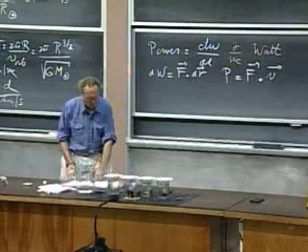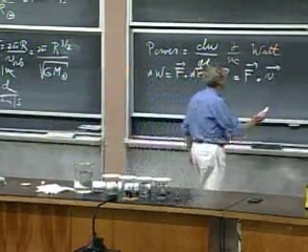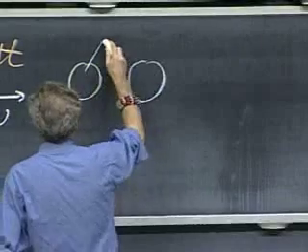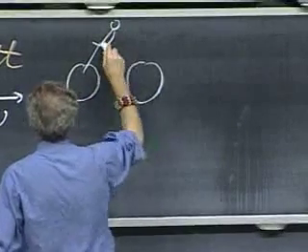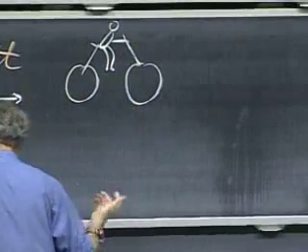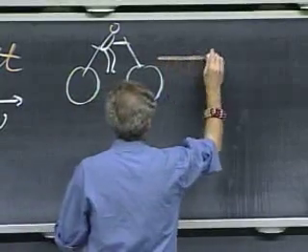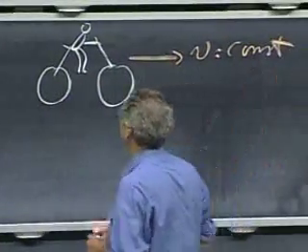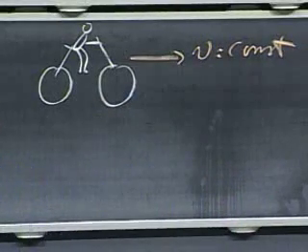Let's take an example. I am on a bicycle. Here's my bicycle, and I'm sitting on it, and I'm trying to get going. And I have a certain velocity, and I keep that velocity constant. That's the way most people would ride their bikes.